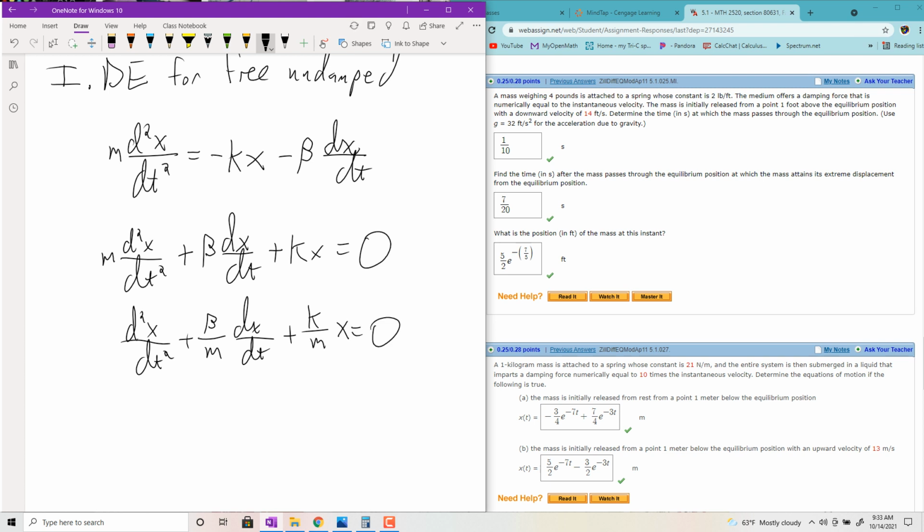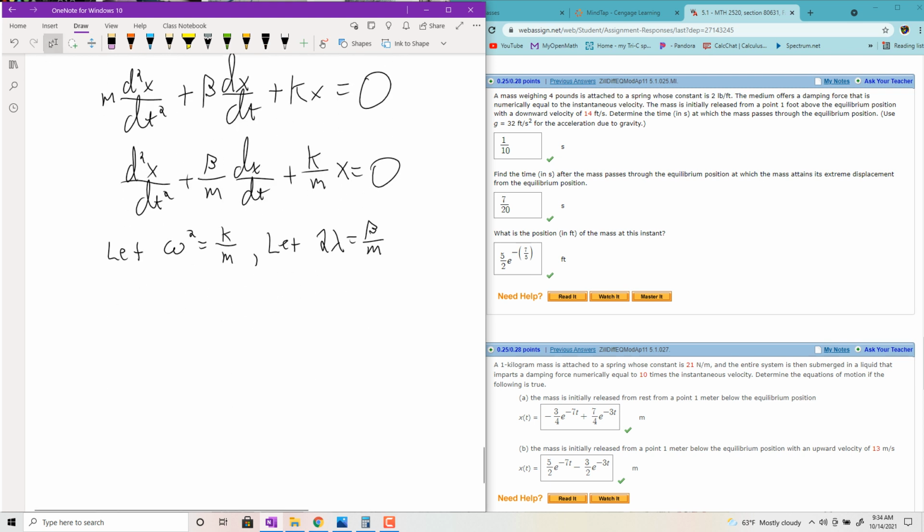And then we're going to, again, replace k over m with omega squared. But we're also going to let beta over m be replaced with the 2 lambda. Okay? So let 2 lambda equal beta over m. And those will be the 2 bits of information we need to get us started whenever we go to these differential equations.